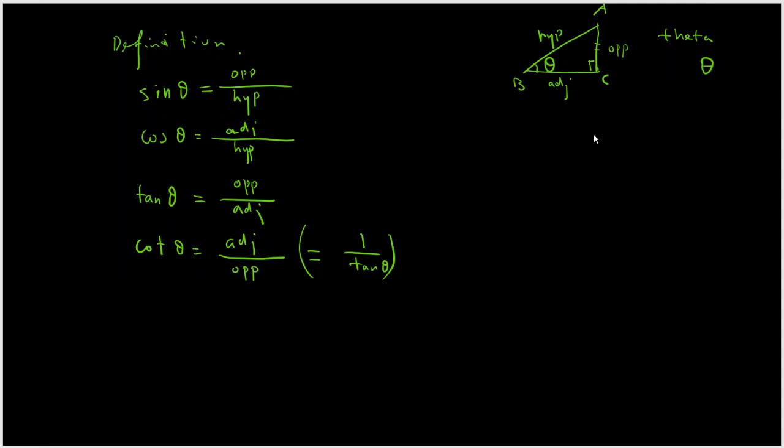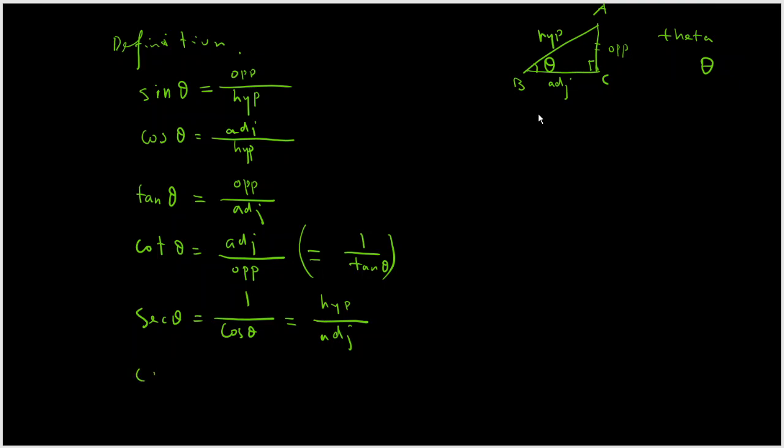Two more. Secant of theta is equal to 1 over cos. From cos, you invert the numerator and the denominator, and you have hypotenuse on top, adjacent at the bottom.